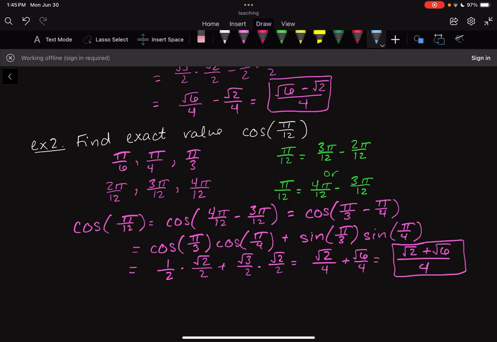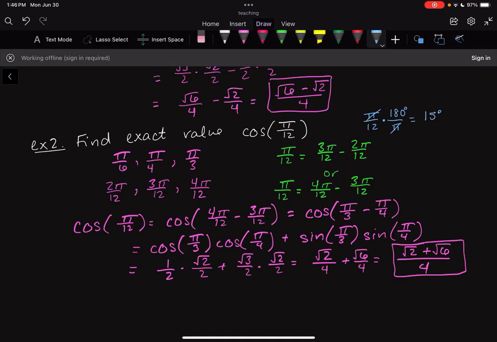Now, just a little bit of insight here. If using the radians is causing too much of an issue for you, you can always just change to degrees. So pi over 12 times 180 over pi will turn it into degrees. Sorry, pi has to go at the bottom, so 180 over pi. You want the pi's to cancel, so 180 divided by 12, this would be 15 degrees.